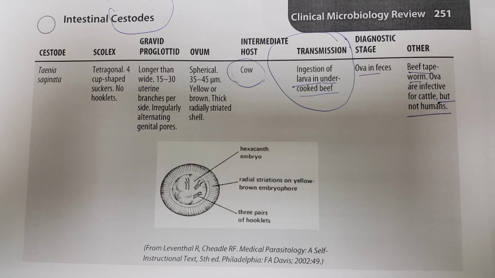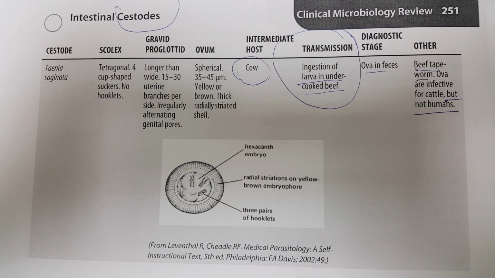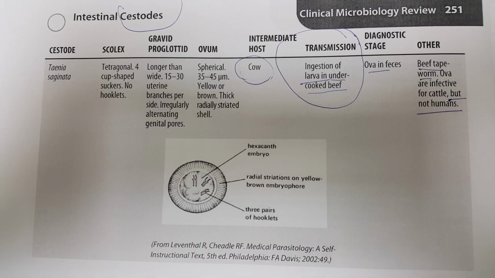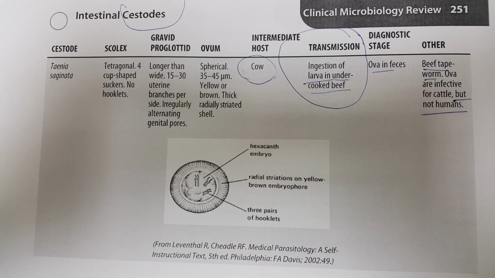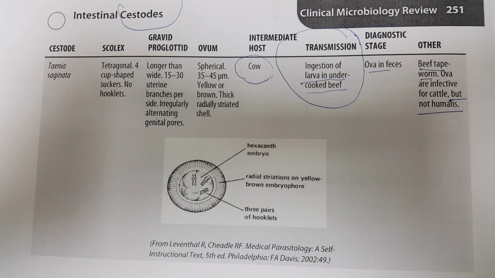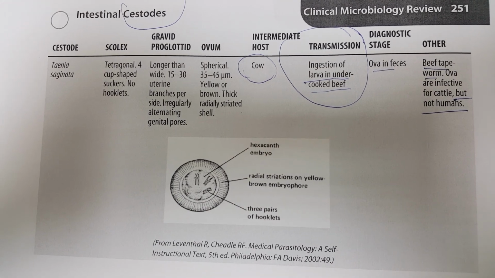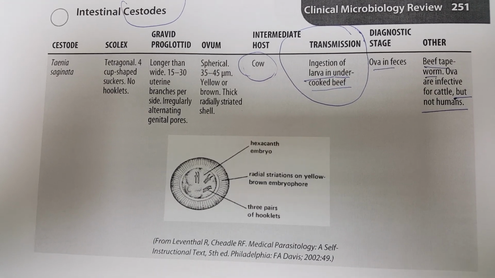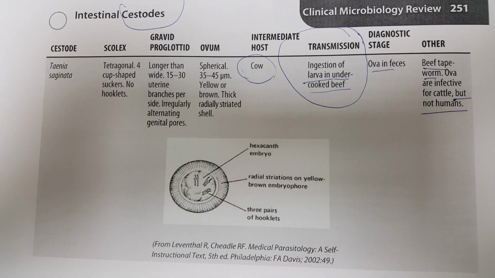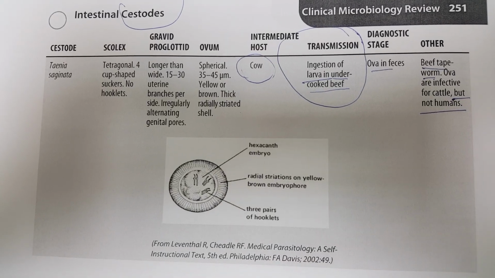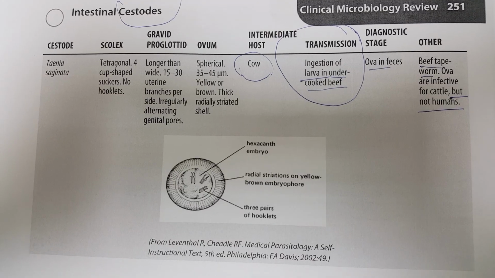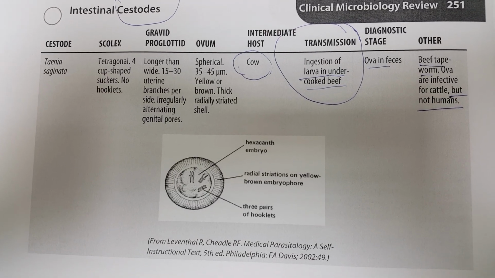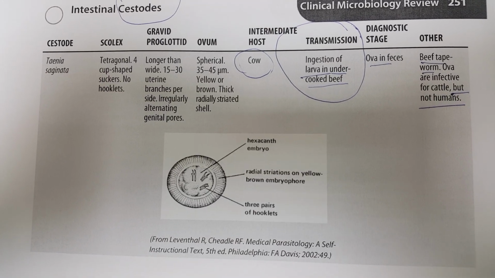This is the first tapeworm, also called the beef tapeworm, acquired by ingestion of the larva in undercooked beef. Ova are infective for the cattle, but not for humans. So the disease is caused by the larva found in undercooked beef, the intermediate host being the cow.